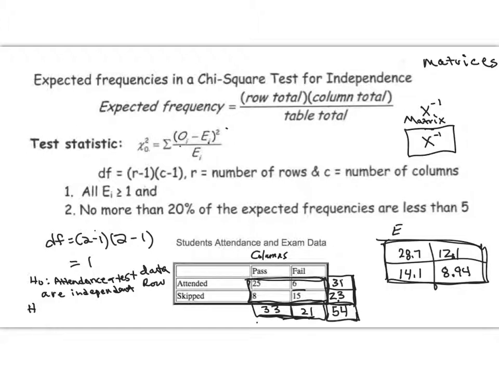And then the alternative hypothesis would be that attendance and test data are dependent.